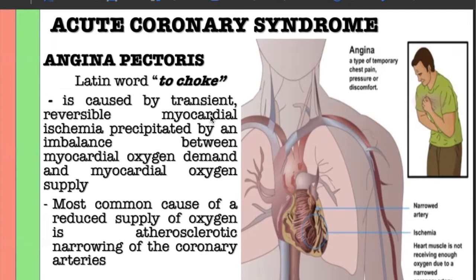A less common cause of unstable angina is dynamic obstruction resulting from intense focal spasm of the coronary artery, and maybe also inflammation happening there. There will be a decrease of oxygen supply resulting in unstable angina.